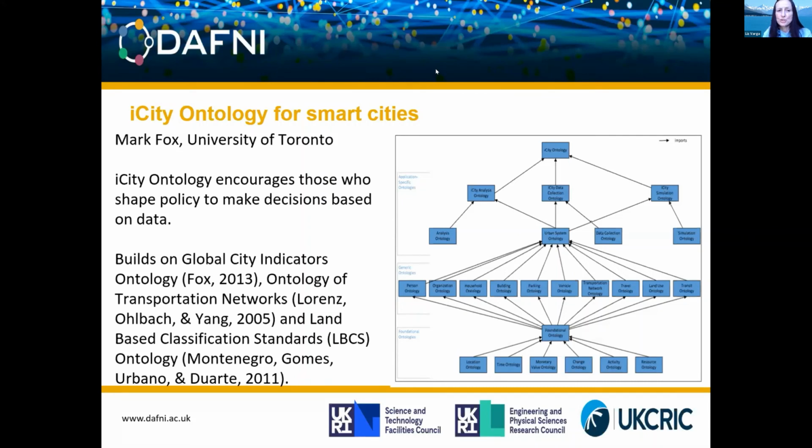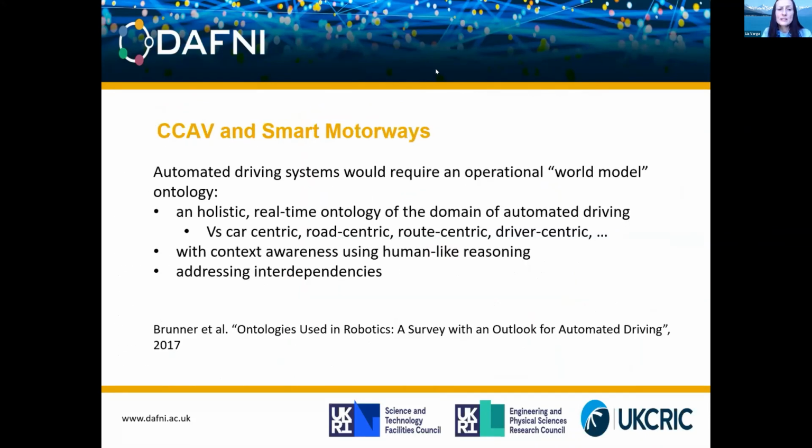And my final one is just to reflect on John's description for the smart motorways, because the use case for our project, that we're trying to see how we can support with this ontology work, is to bring together this world, this modelling of the world of connected automated driving systems. And so what we want is some holistic real-time ontology of this domain.